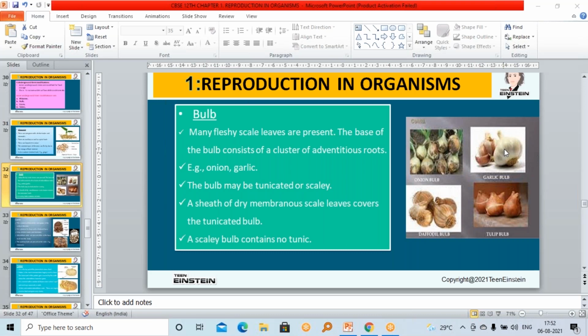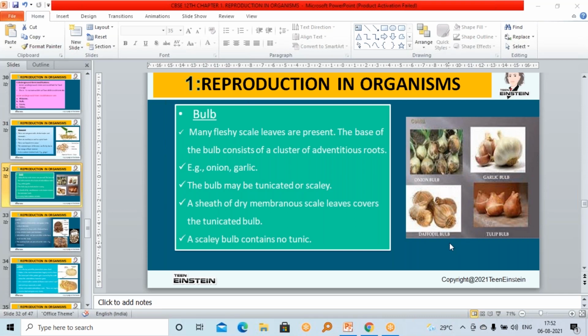But in the case of garlic, there is another difference. The whole bulb is an aggregate of bulblets or cloves. So many small bulblets or cloves are present in the garlic, right?